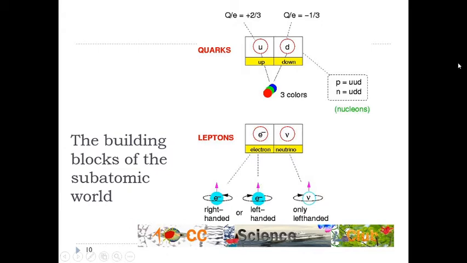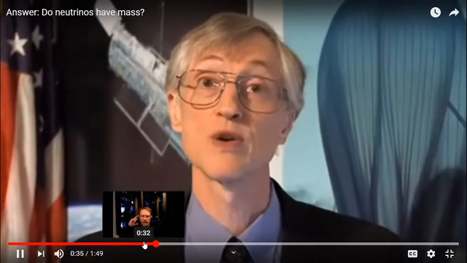A neutron is made up of one up quark and two down quarks, and a proton is made up of two up quarks and a down quark. So now we know that a neutron turns into a proton with emission of a neutrino, but actually it is a down quark changing into an up quark when we look at it at a more granular level. So Peter Stillwell is asking the question about, do neutrinos have mass?